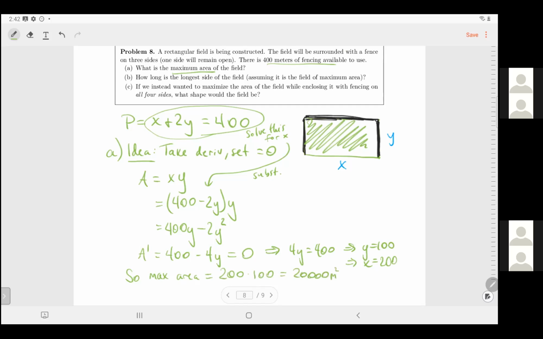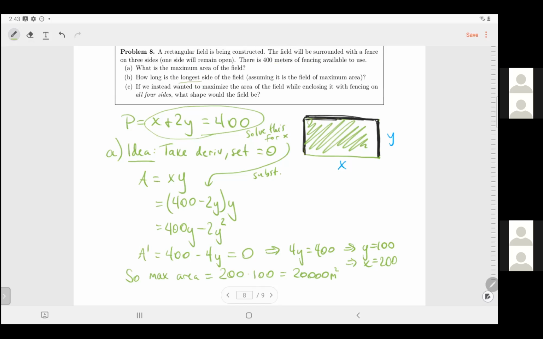Square meters. Any questions so far? Okay, along the way, we actually figured out part B, so we don't have to worry about that.